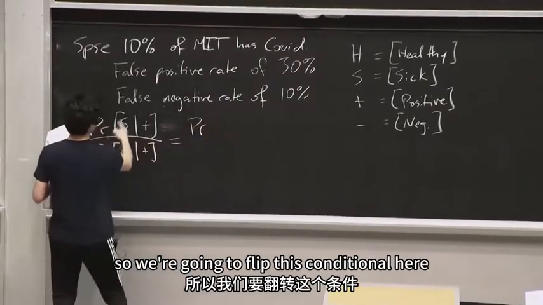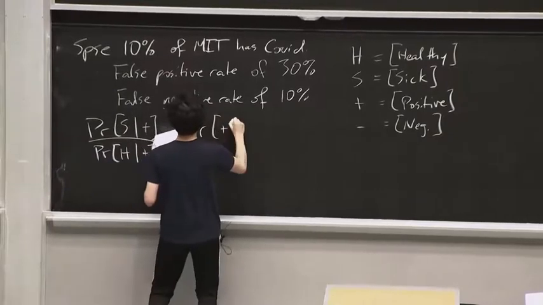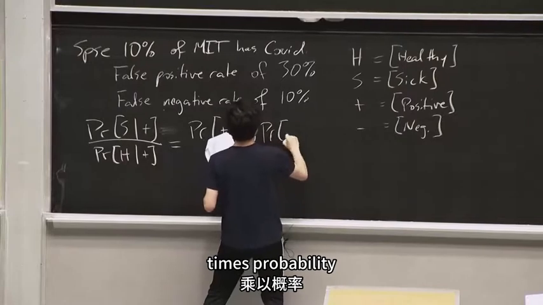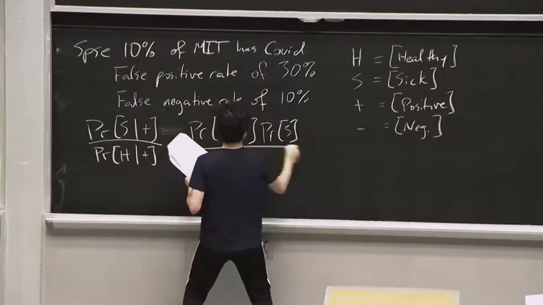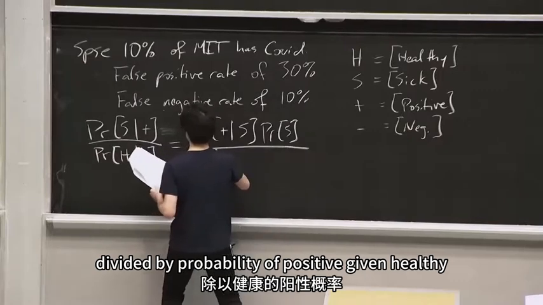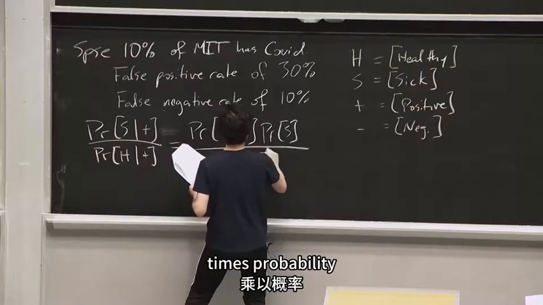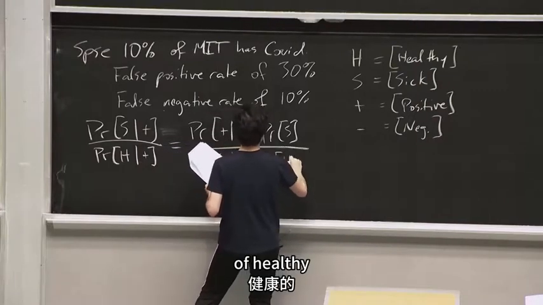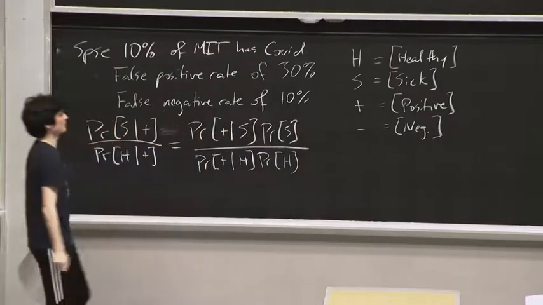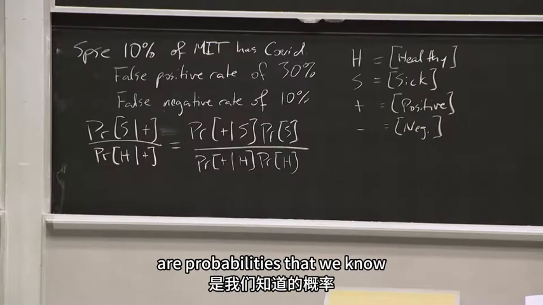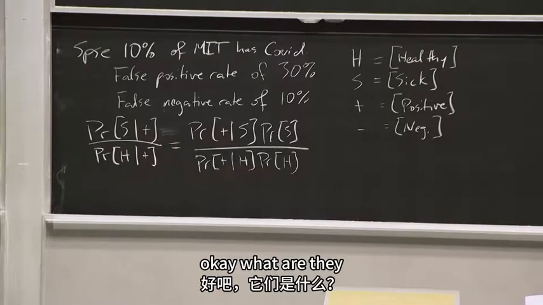So we're going to flip this conditional here: probability of positive given sick times probability of sick, divided by probability of positive given healthy times probability of healthy. Now those four probabilities are probabilities that we know. What are they?